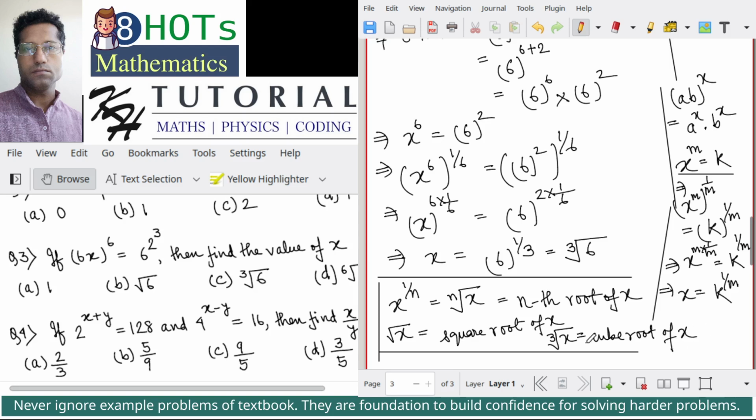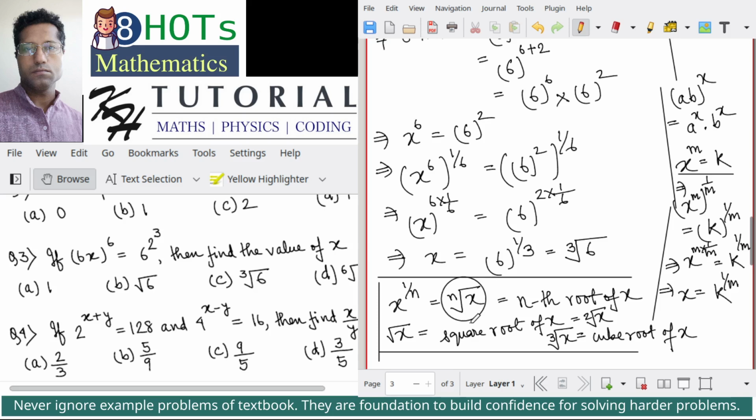So in general, square root of x is actually with 2, but we do not write 2. It is default. If there is no number, it means square root. So instead of 2 and 3, n can be 4, 5, 6, any positive integer.